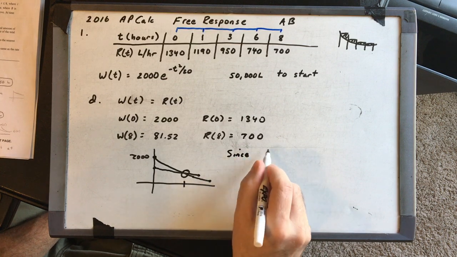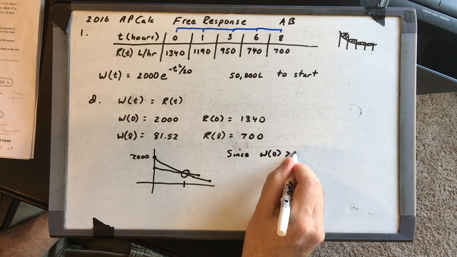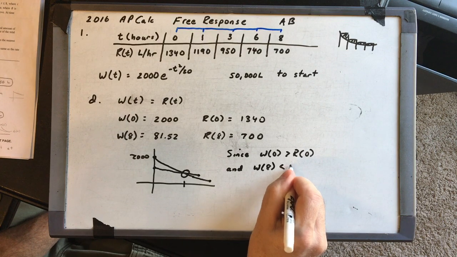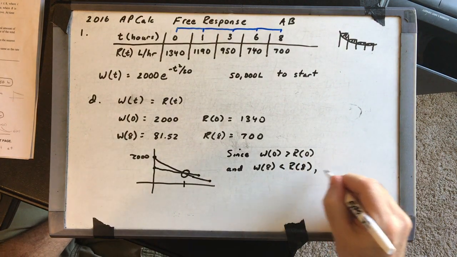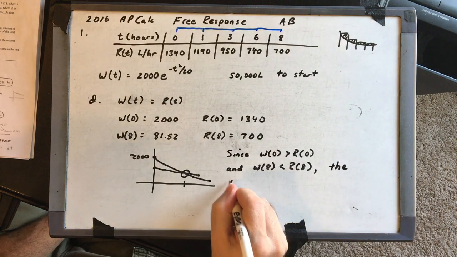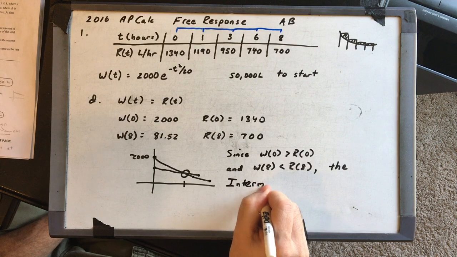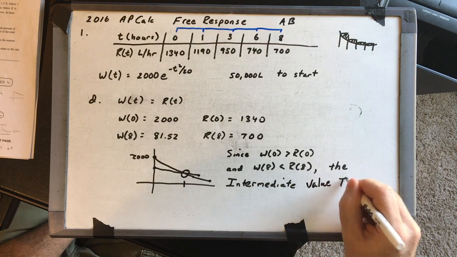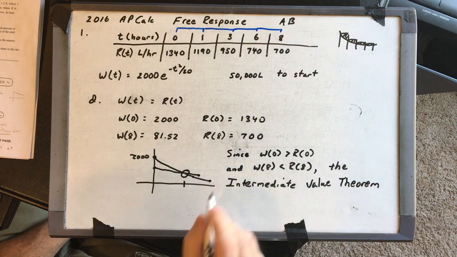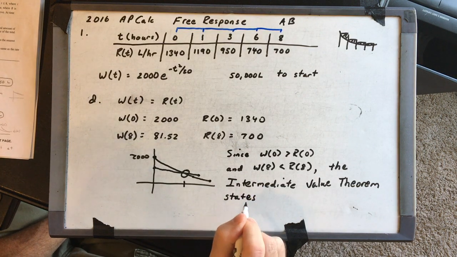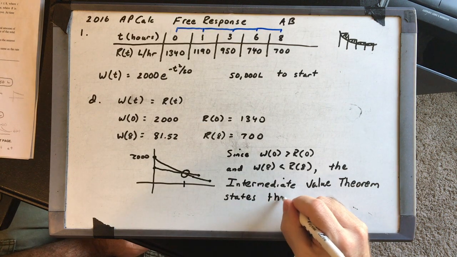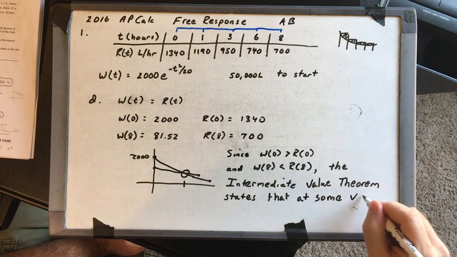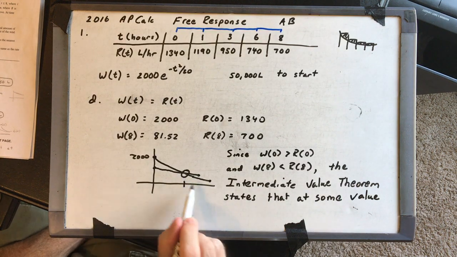Since W of 0 is greater than R of 0, and W of 8 is less than R of 8, the intermediate value theorem, that's what they're looking for, states that at some value, so if it's continuous, they have to cross, right?